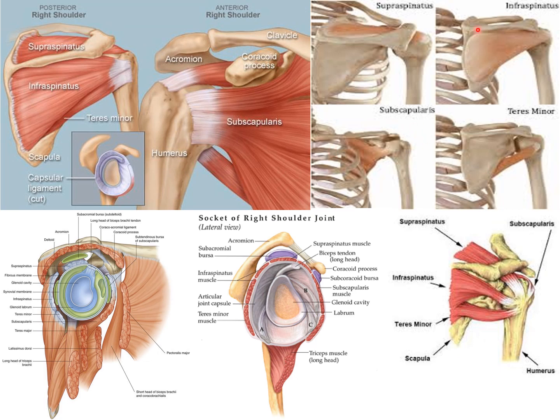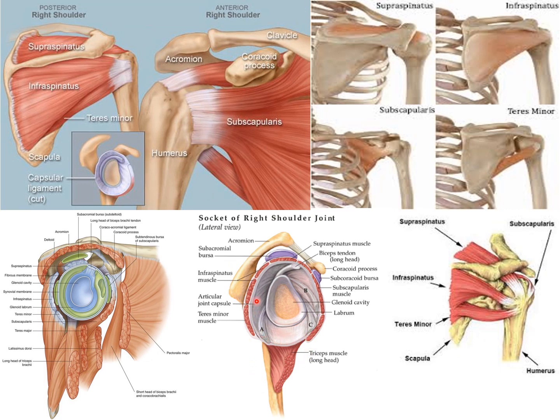All these take origin from the scapula and get inserted around the head of the humerus, keeping it in position in the socket of the scapula, that is the glenoid cavity.